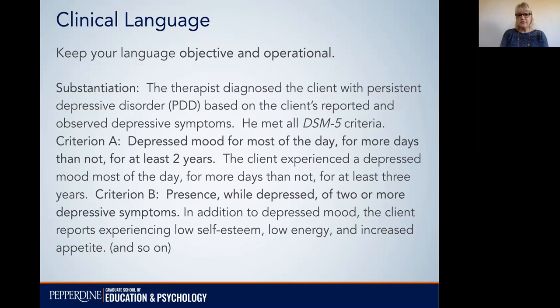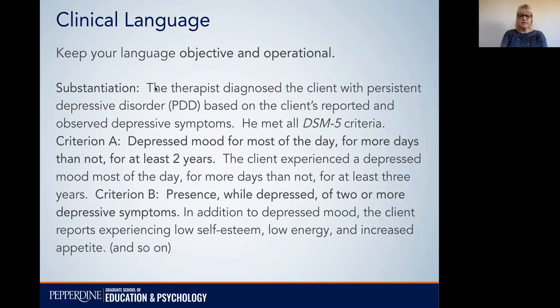So what this is showing here is an actual diagnosis with substantiation from the DSM. What this student did was write two sentences. "The therapist diagnosed the client, met all the DSM-5 criteria," and then you can see criterion A and criterion B. These are directly from the DSM.